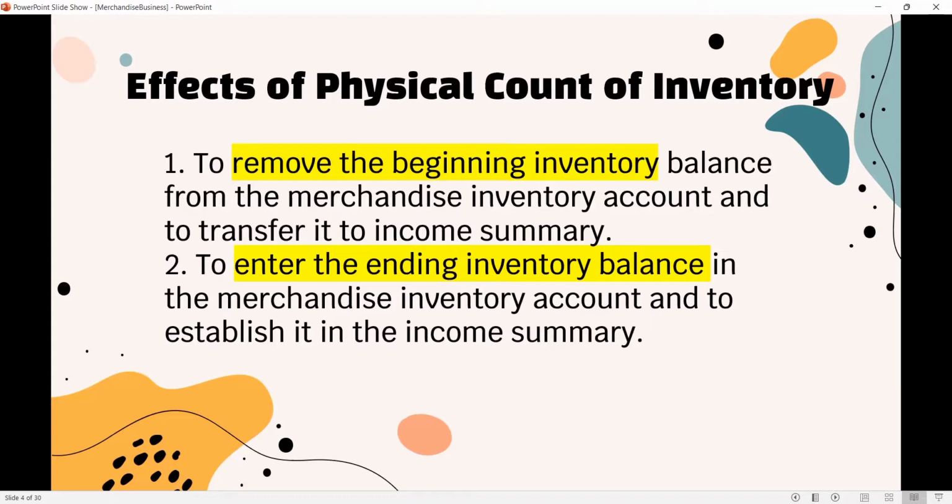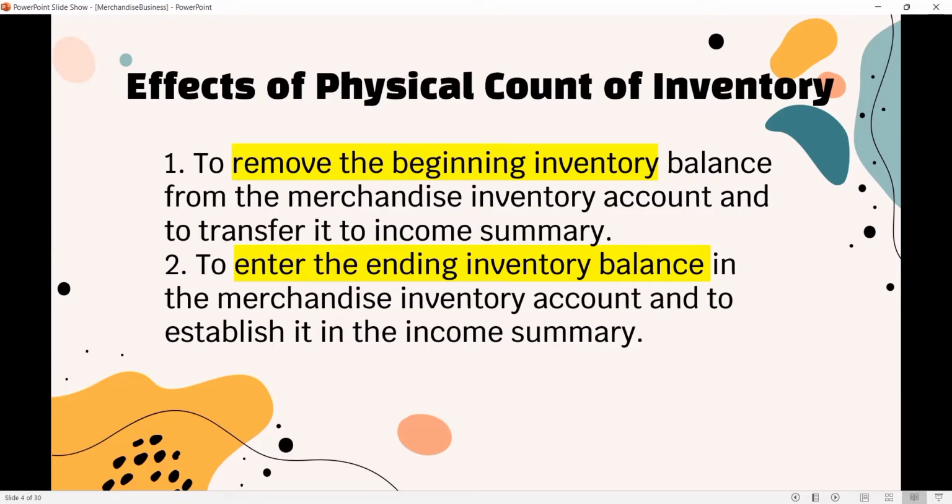Number 2, i-enter na natin yung nakuha nating ending inventory balance in the merchandise inventory account and to establish it to the income summary. Kasi, yun na yung current na nakuha natin. Yun yung nabilang natin. So, i-record natin siya.